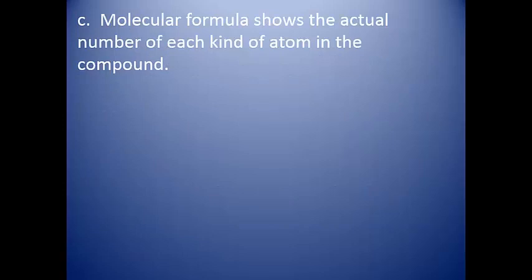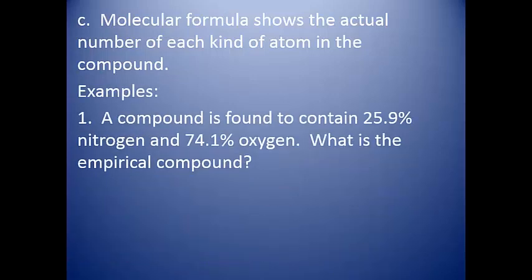A molecular formula just shows the actual elements, what types of elements, and a ratio of how many of each one. For instance, in the HO example, it's always going to be 1 H for every 1 oxygen, so 2 H's would be 2 oxygens. And we're going to walk through an example with this one.